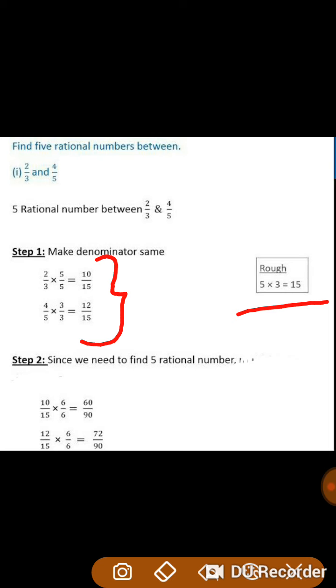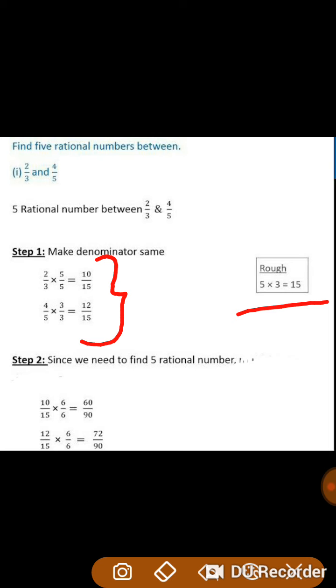But when we see the numerators, there is only one number coming between 10 and 12, that is 11. So we come to the next step. Since we need to find 5 rational numbers, we have to make both these rational numbers a little bigger. So we will multiply these rational numbers by 6 by 6.